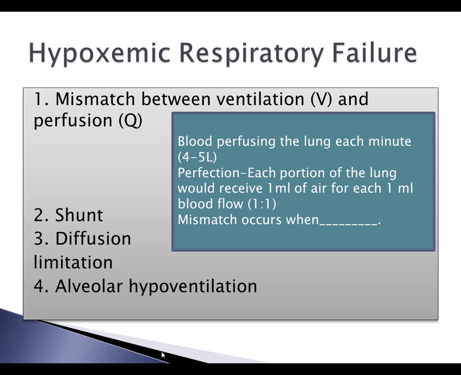Somehow their diaphragm is not functioning as well as it should, or they have some kind of spinal injury. They might have some chest wall dysfunction, so if they have a pneumothorax, they could have alveolar hypoventilation. Asthma, or a restrictive lung disease like COPD or pulmonary fibrosis, could also cause it.